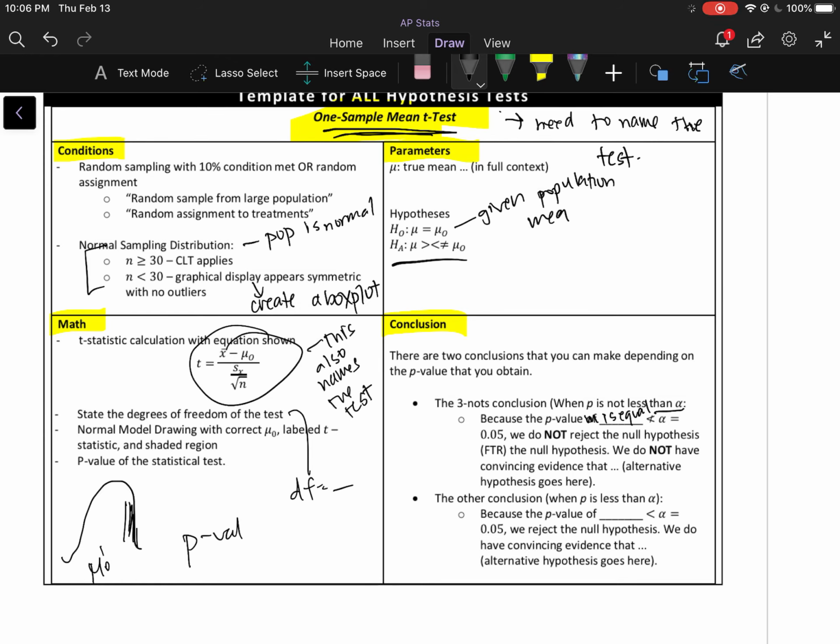So that means that we fail to reject. We do not have significant evidence that the alternative hypothesis is true. And we're going to go through some examples to help you understand this better.